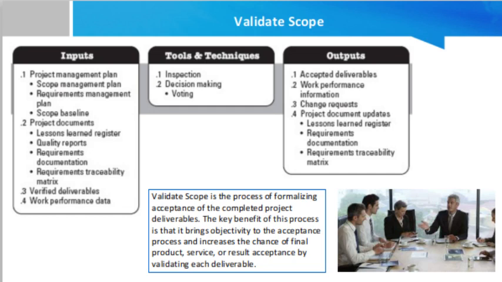The quality reports contain information regarding all the quality issues concerned with the project and recommendations for improvement which were previously escalated by the project team. The quality report also includes details of findings provided by the control quality process. This information is reviewed and checked before product acceptance.